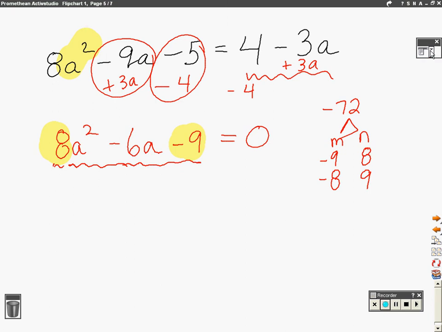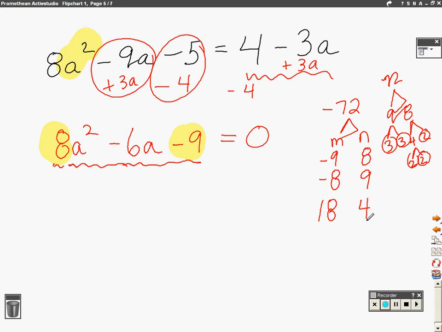So I could do the prime factorization of 72 and bring it all the way down to its prime factors and know that different combinations of those numbers are going to get me 72. So 3 times 3 times 2 is 18 times 4 will get me 72.